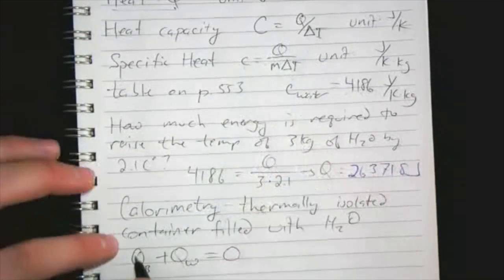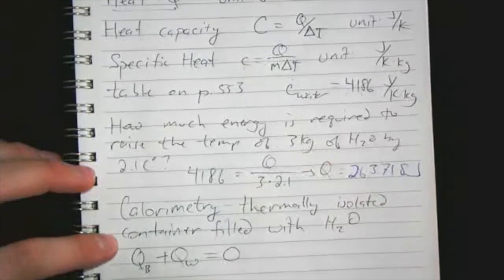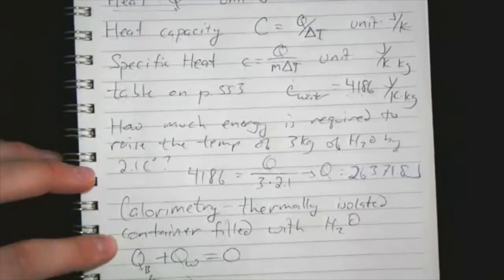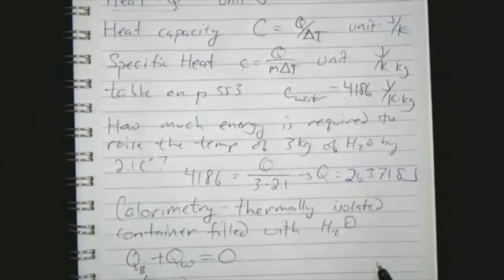So for our block, that's C block, mass of block, delta T would be T final minus T block. And I'll call it T block because it's initial. Final, eventually, when they reach thermal equilibrium, and that's what you're waiting for when you do calorimetry, you're dropping it in and waiting for thermal equilibrium.